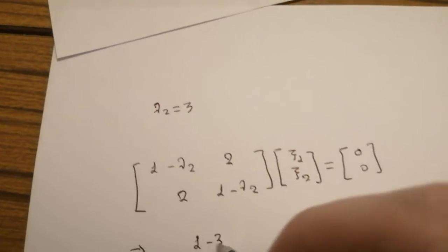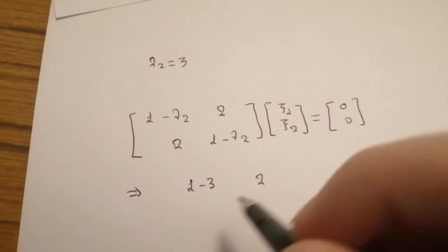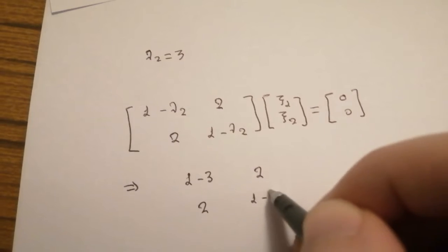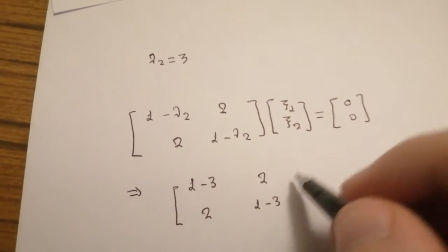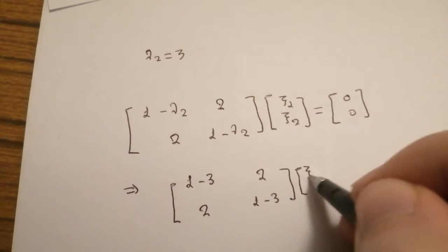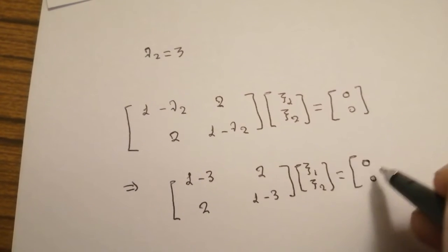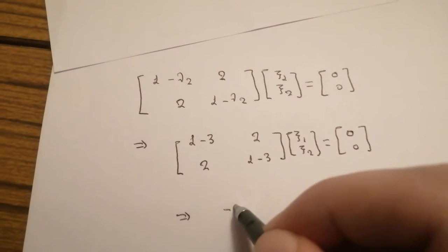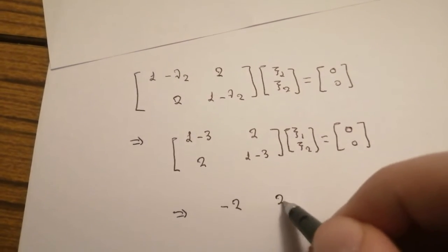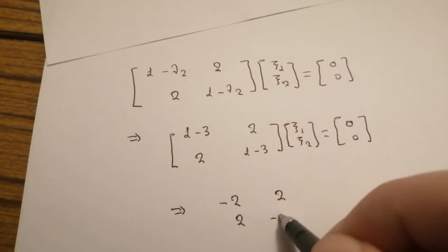So it's 1 minus 3, 2, 2, and 1 minus 3, times xi 1, xi 2. It's minus 2, 2, 2, and minus 2.